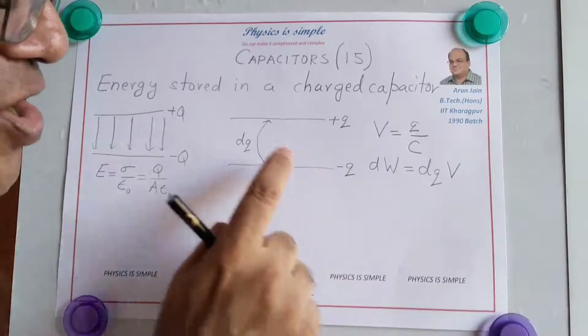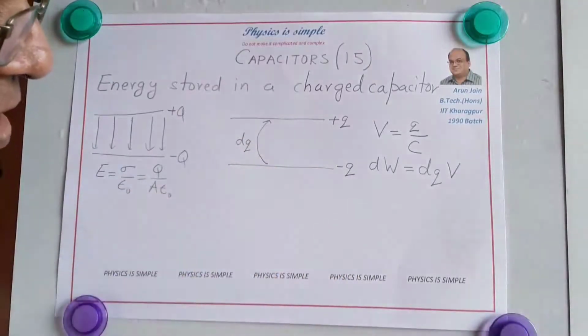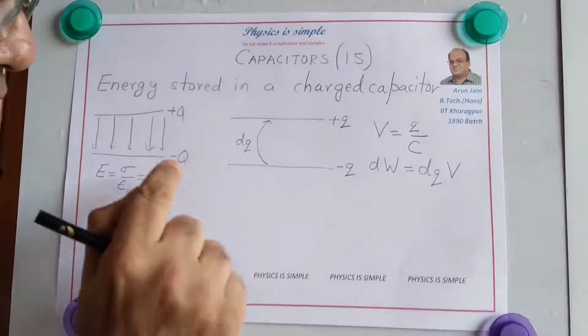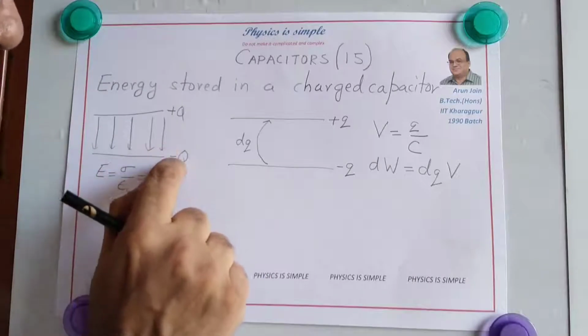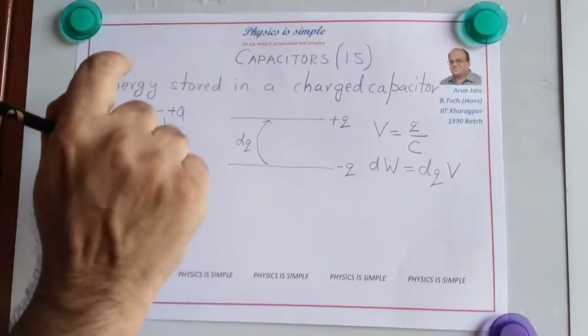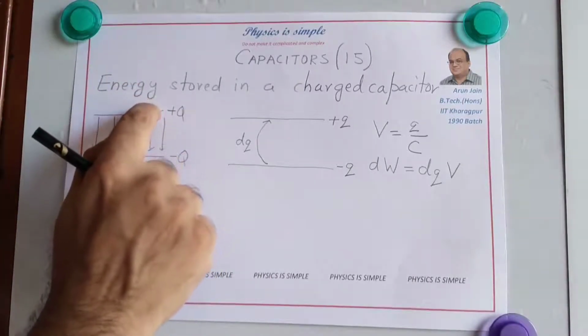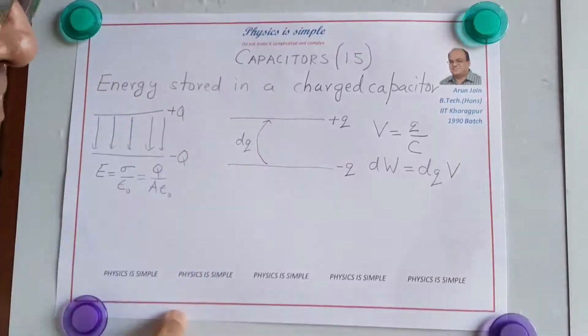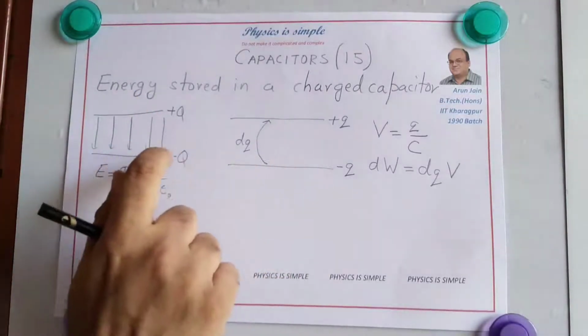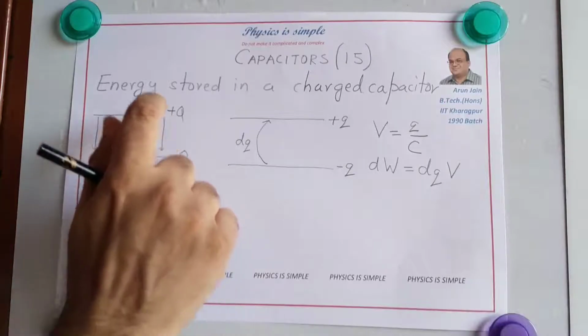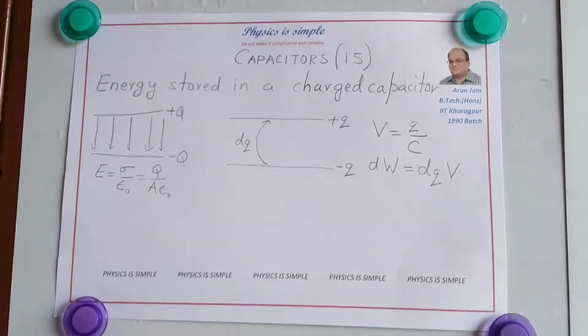Now, we want to find the work done to move charge capital Q from this minus plate to this plus plate. So we have to do integration. The initial charge is 0 and finally charge Q has been moved.